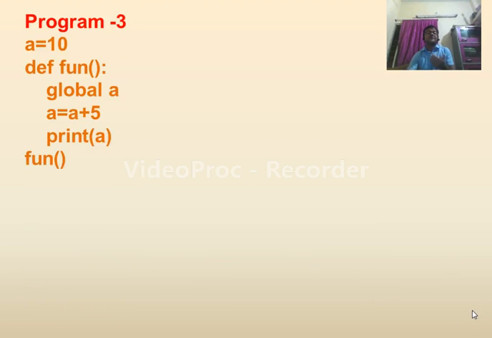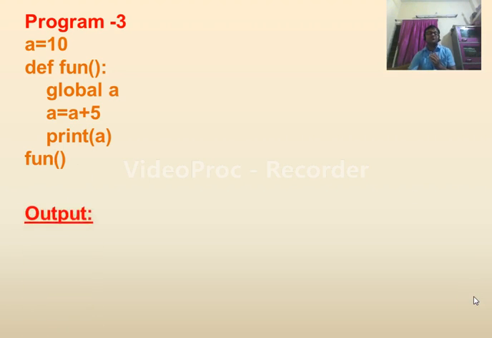In program number 3, once again I declare a global variable a having value 10 and try to use it inside the block, but I use the keyword global with a. The global keyword resolves this problem. The global keyword gives permission to access the global variable inside the block, and it calculates and stores inside the variable, and then I print after the function invocation.